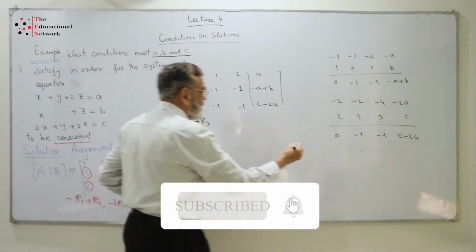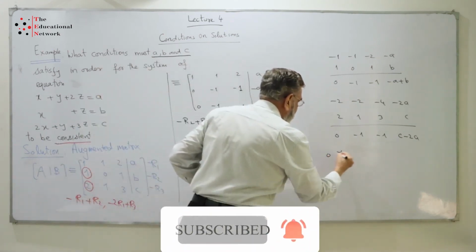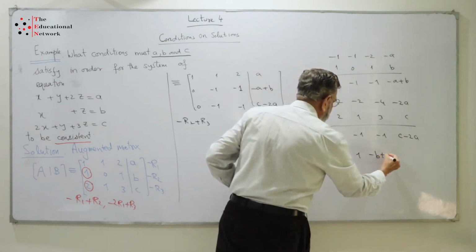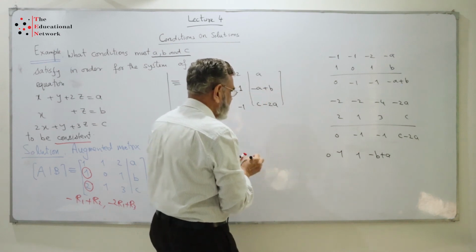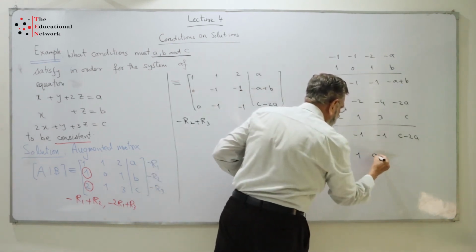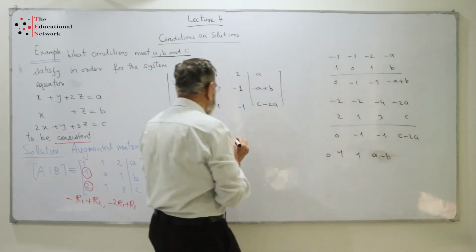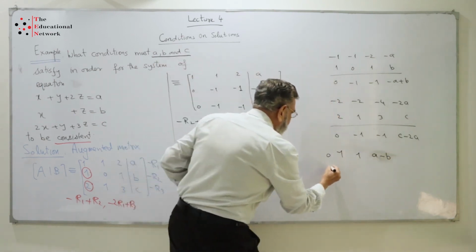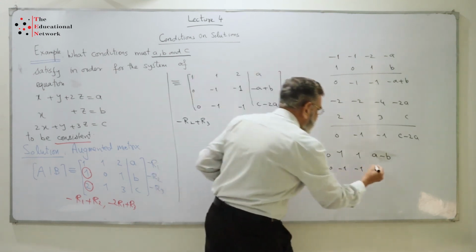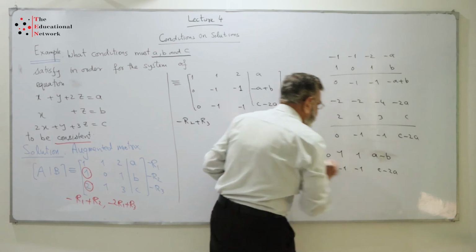Multiplying by -1, we get 1, 0, 1, 1, and here b minus b plus a, because this becomes plus and this becomes minus. I will write here a minus b, that's better. So my last row is 0, -1, -1, and c minus 2a.